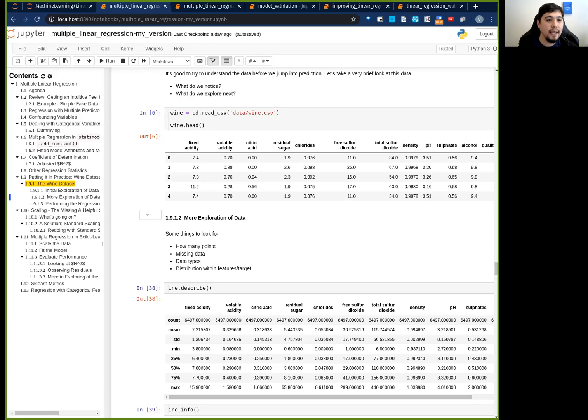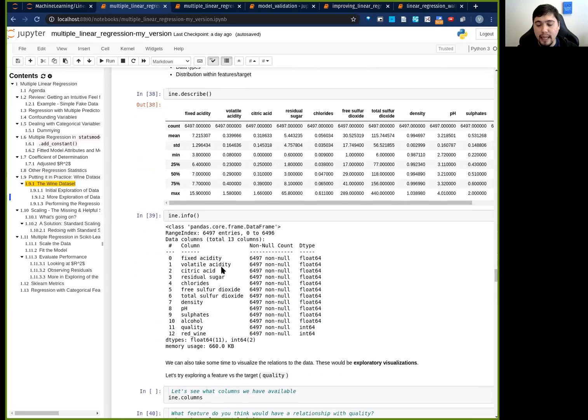Scikit-learn, technically, will be a very common package we'll use in other machine learning algorithms, so that's a good thing to know and know how to use.